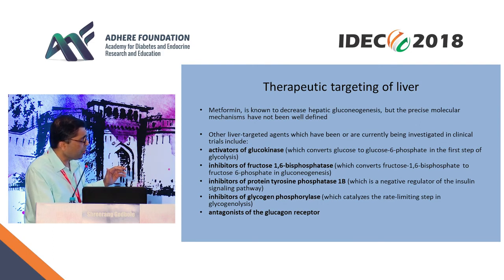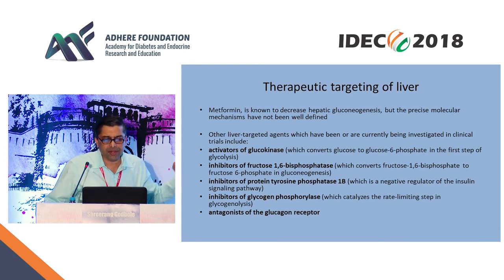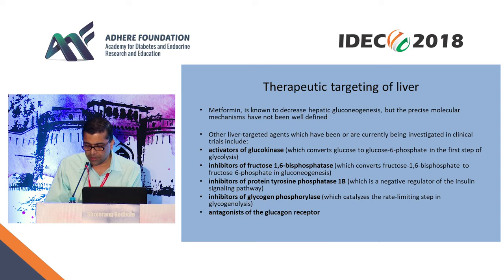Then you have inhibitors of fructose 1,6 biphosphatase, inhibitors or regulators of insulin signaling pathway, inhibitors of glycogen phosphorylase, and glucagon receptor antagonists. Again, the problem with glucagon receptor antagonists is vomiting, sometimes the non-specificity. But they are being studied, and I'm sure if we can take care of the adverse effects, it will give a substantial addition to our therapeutic armamentarium.